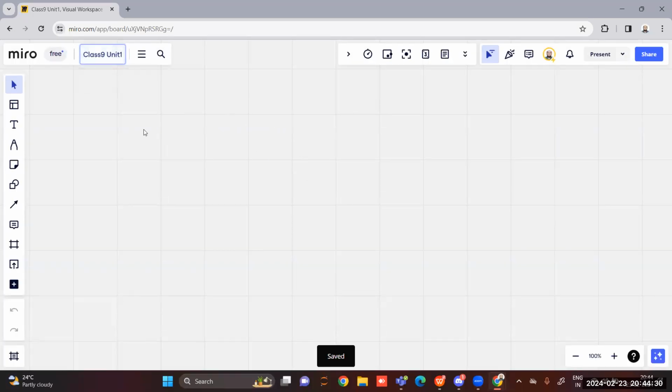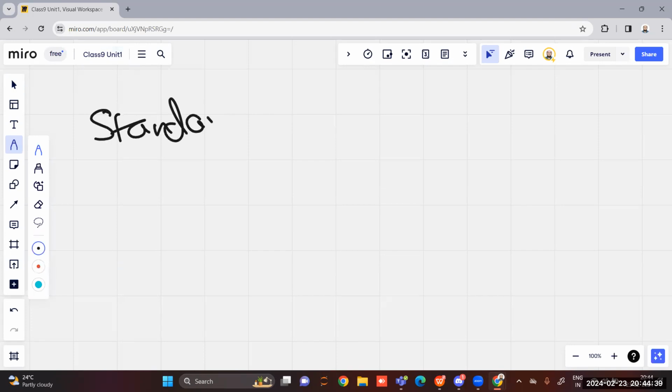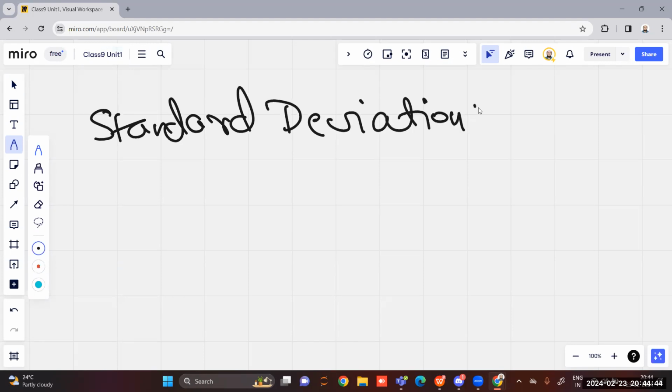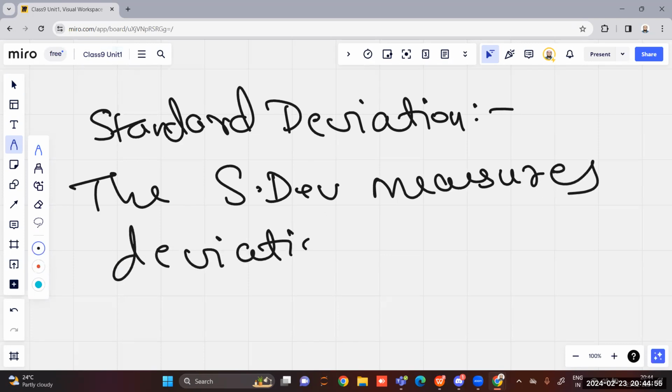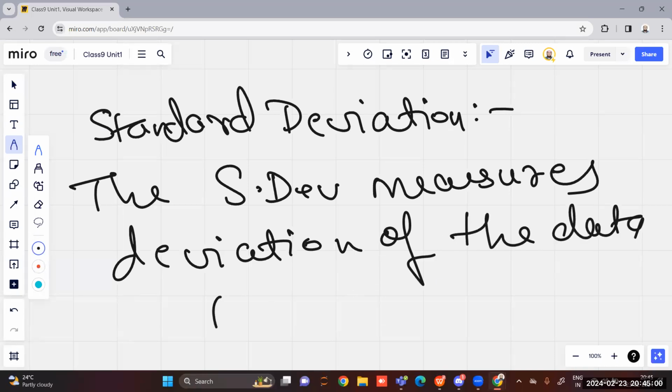We have seen variability, and yesterday we studied standard deviation. What was standard deviation? Generally, standard deviation measures the deviation of the data points from the mean.